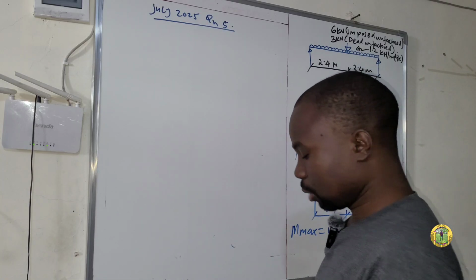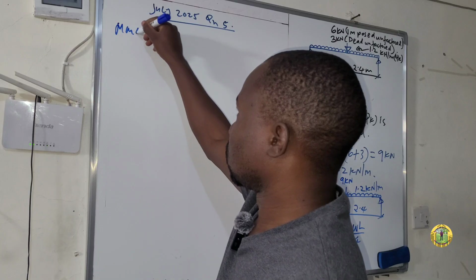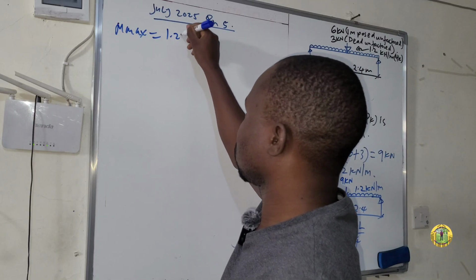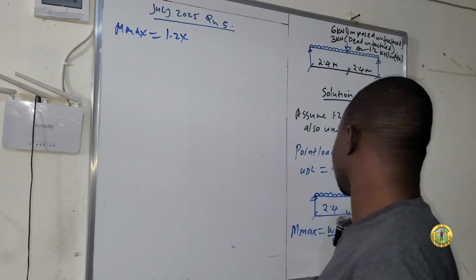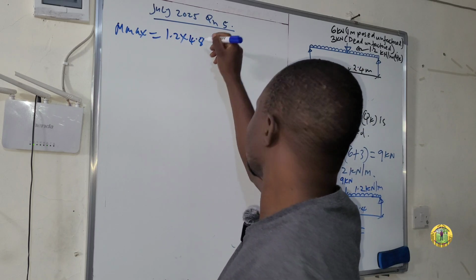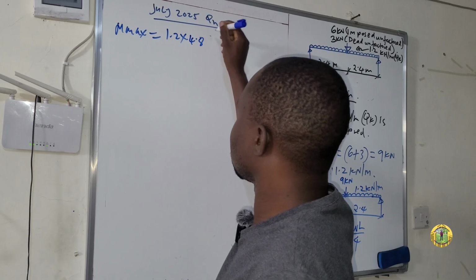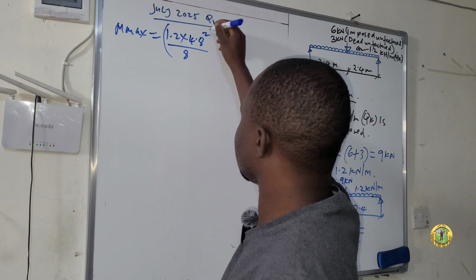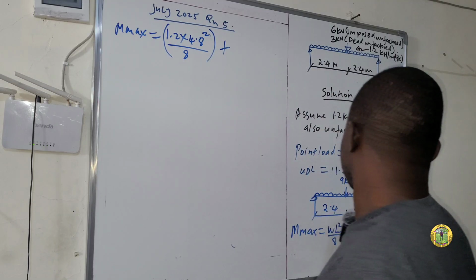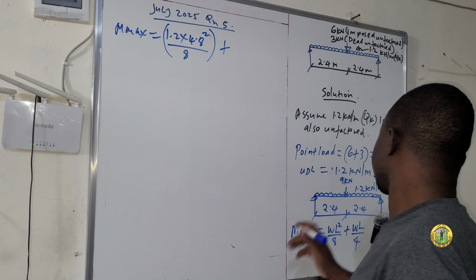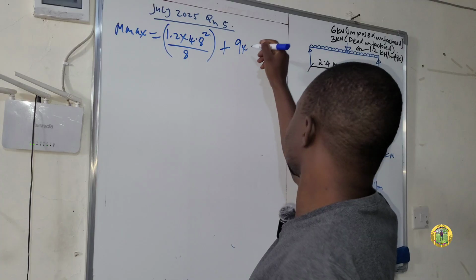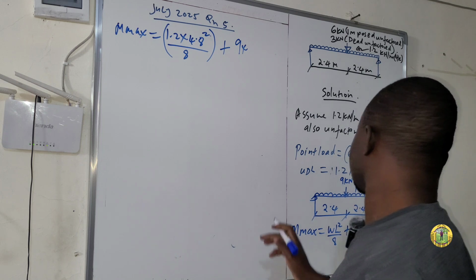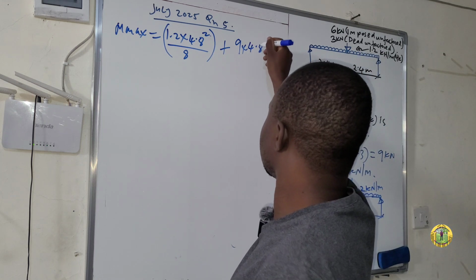So M max, or the maximum moment, is equal to, if we start with UDL, W is 1.2 times L. L is 2.4 plus 2.4, which is 4.8, then squared, all over 8, plus W. This is for the point load, so W is 9 times L, which is again 2.4 plus 2.4, which is 4.8, all over 4.